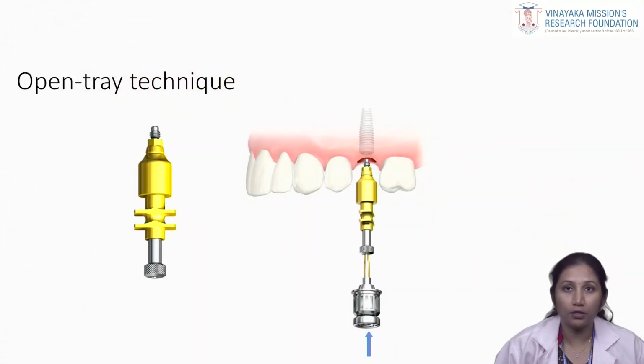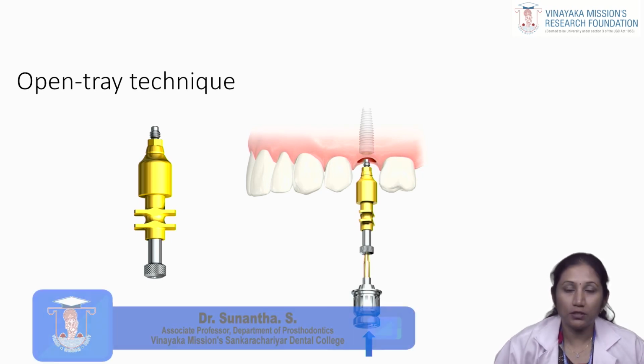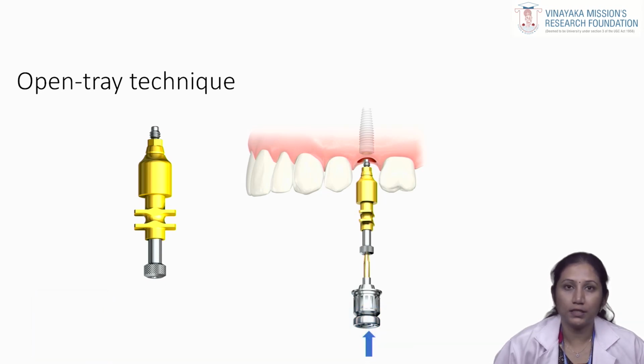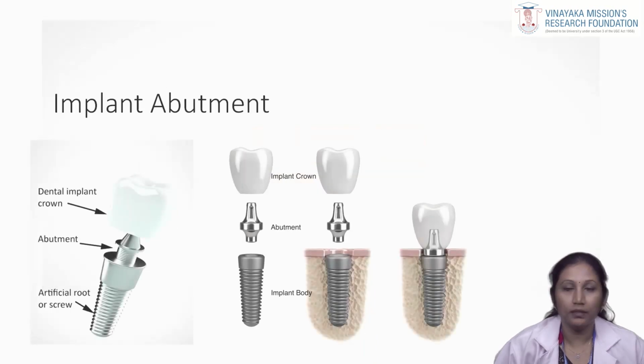In this situation, the post remains within the impression, and the wings in the body of the post provide the retention and give an anti-rotational property for the implant posts. In situations where there are multiple implants placed, an open tray impression technique is a better choice because it gives better accuracy.